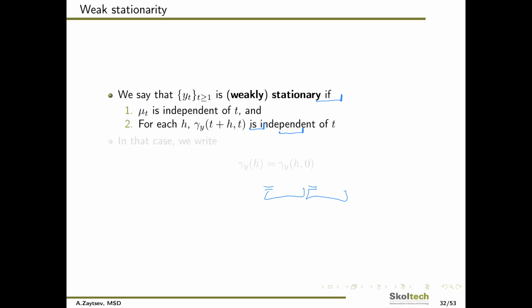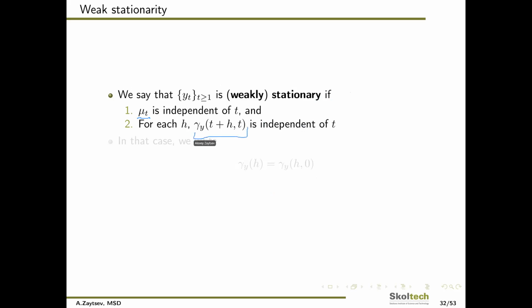So we say that we observe weak stationarity if the mean value is independent of t, so we have no obvious trend, and also we have the second order properties.